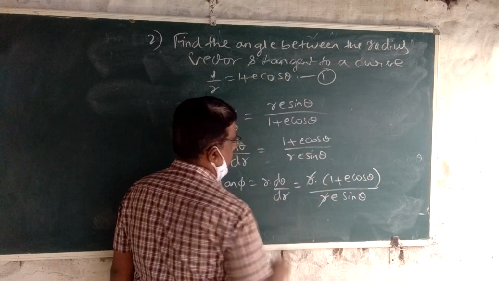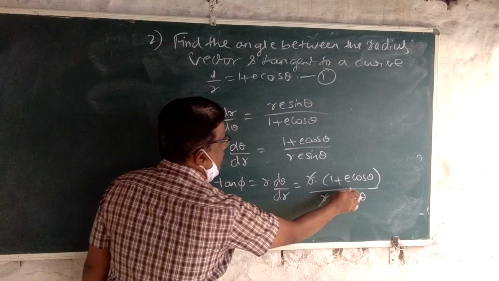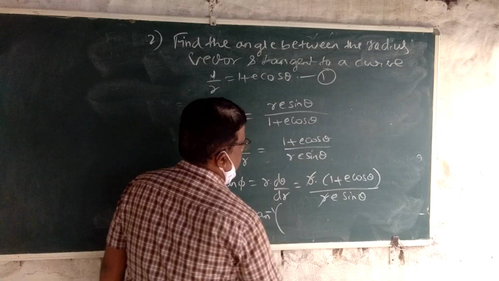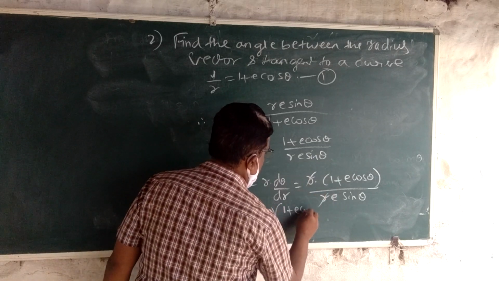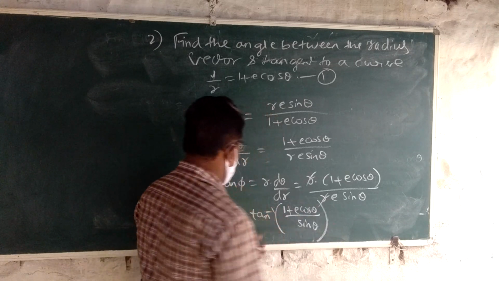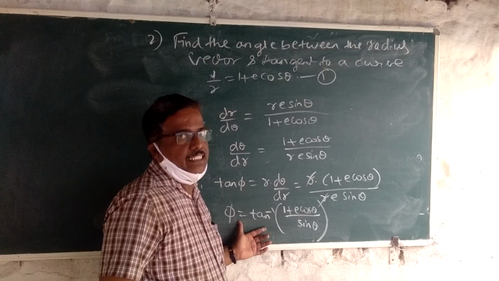So this r gets cancelled. Therefore tan φ is equal to this much. So φ is tan inverse of (1 plus e cos θ) divided by (e sin θ). So this is the angle between the radius vector and the tangent.